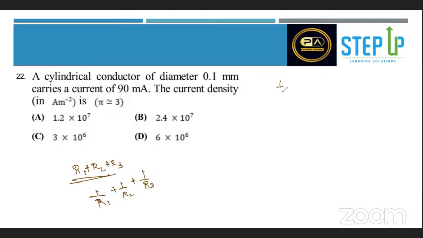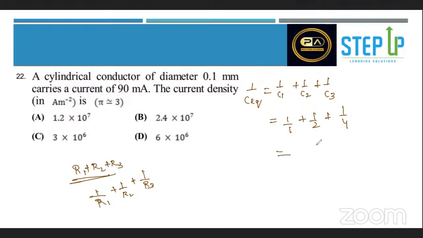To get the minimum value, you're supposed to connect the capacitors in series. So this gives me C equivalent: 1 by C1 plus 1 by C2 plus 1 by C3. I had 1 over 1 plus 1 over 2 plus 1 over 4. In series, capacitors give you the minimum capacitance.